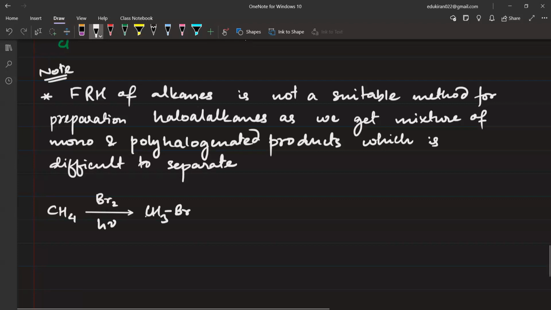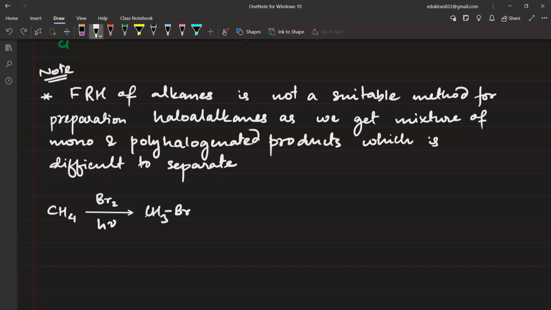Now please remember, if one molecule of CH3Br is formed, it does not mean that all the Br2 is consumed. There will be plenty of Br2 left. Not all the reactant gets converted into product at once. In 1 second, the reaction does not happen; not all the CH4 will be converted to CH3Br in 1 second.